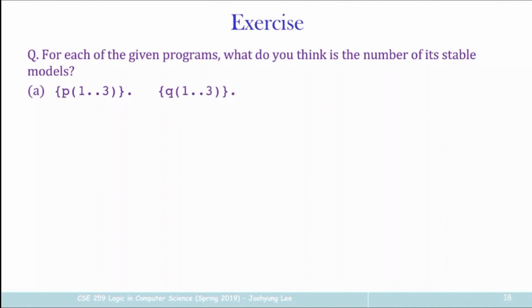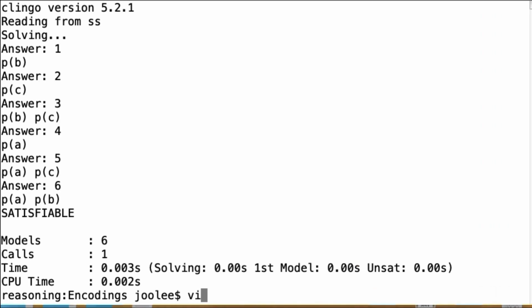Yep. So if you look at this one, I see that there are 8 possible choices, and also 8 possible choices. So when you add up, it's 16. Okay, so let's check that claim.